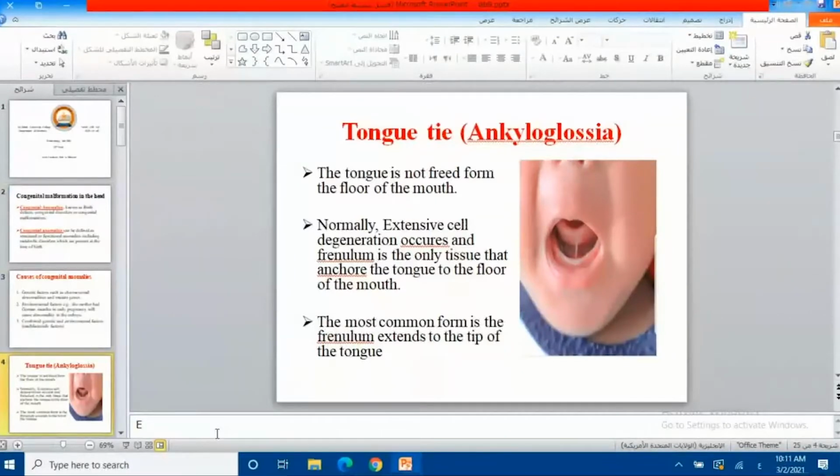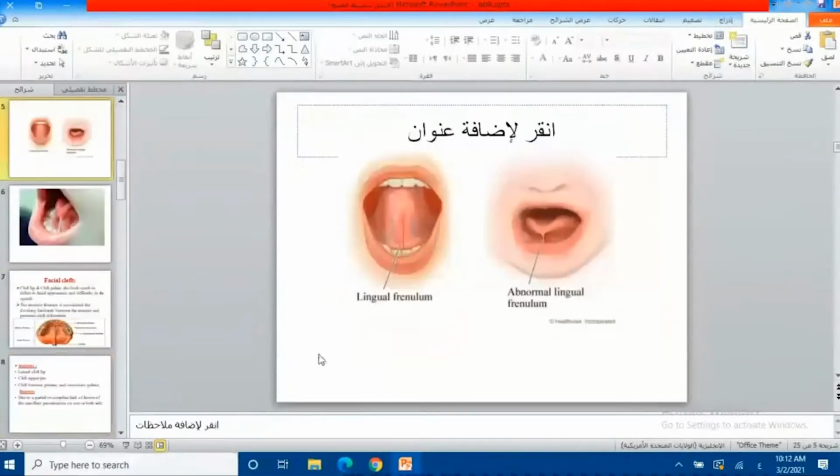This comes in levels. The severe one is complete anchoring or connecting to the floor of the mouth. So it will affect the feeding and also the speech of the baby in the future. It is usually treated by medical operations. Look here, we have a lingual frenulum.